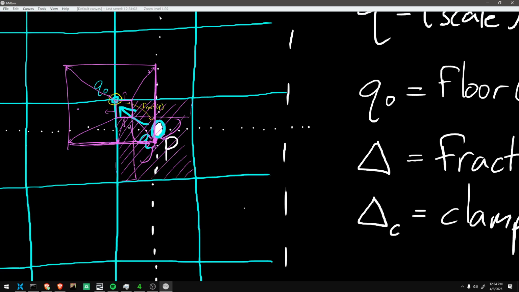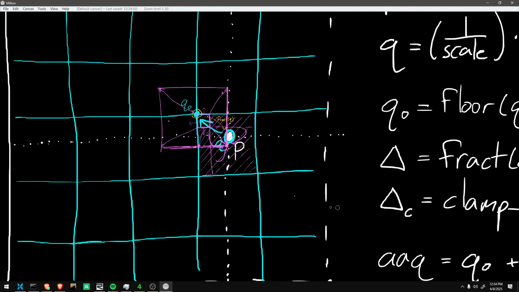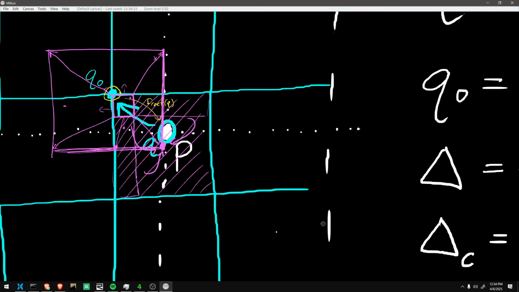Okay, right. So what's happening at this point is we are basically grabbing a point somewhere in this box. This is Q0. It's where we start, and we're adding in a point from the unit square 0, 0 to 1, 1.